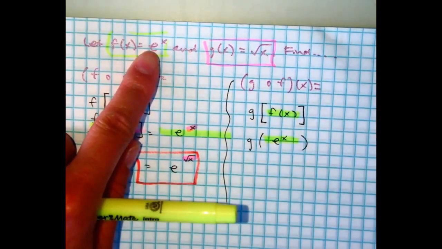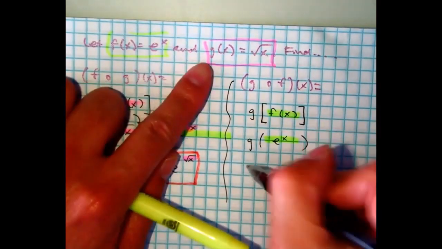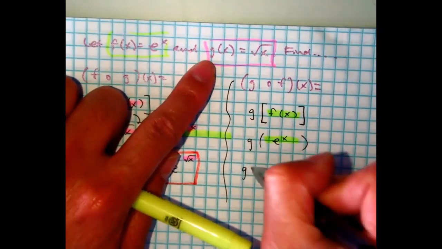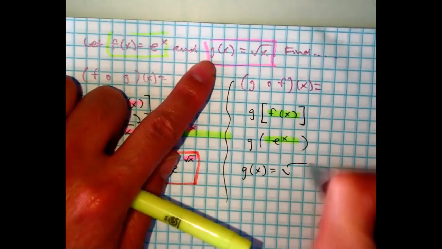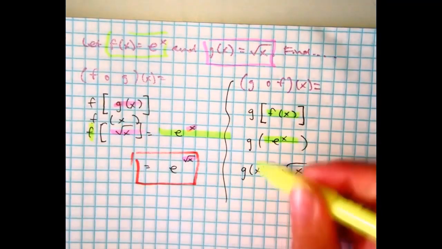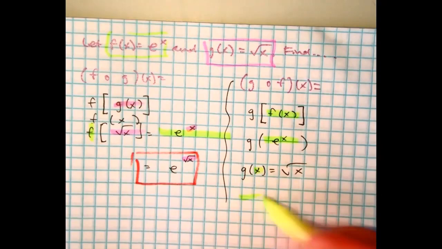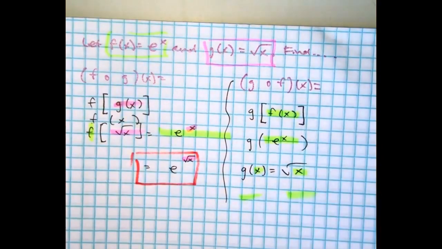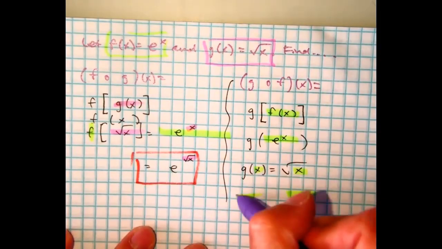Okay? Watch. Here is the function of g. G of x equals the square root of x. Yes? And instead of writing x, we're going to write what? E to the x power.